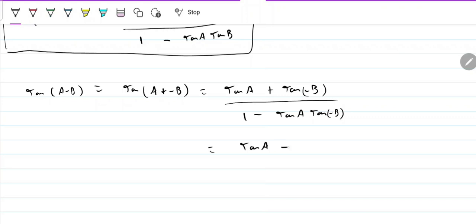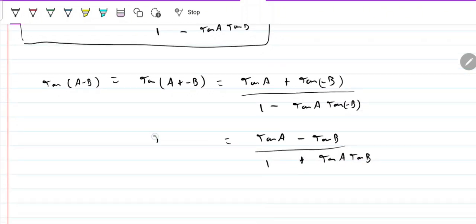So tan of minus B is minus the tan of B, all over 1 minus, because of this minus here, I'll have another minus in front, minus the tan of A times the tan of B, right? And these two together is plus. Right, so I have the tan of A minus B is equal to that.